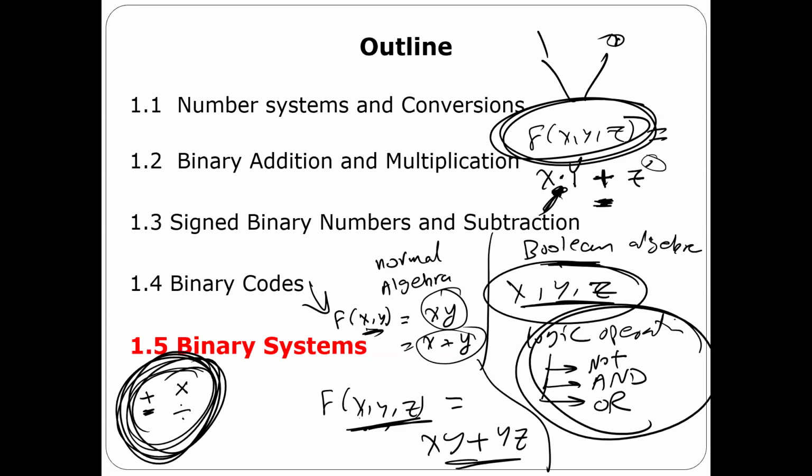But here in our case, all variables can take only 0 or 1, right? We can only use these operations. These are the basic operations we are going to use. Also, we are going to create functions, and the result of these functions is 0 and 1.